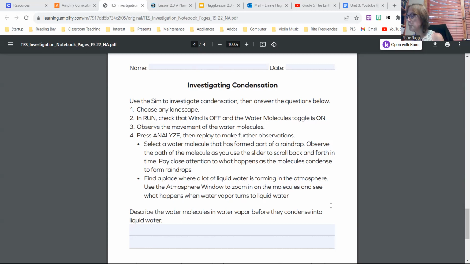Okay, so with the remaining time, we're actually going to start with this in the next lesson. I can see that you're going to be running out of time. So what I want you to do is with the sim, I want you to try to follow these steps.